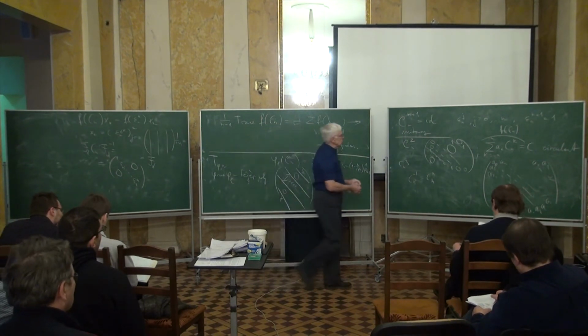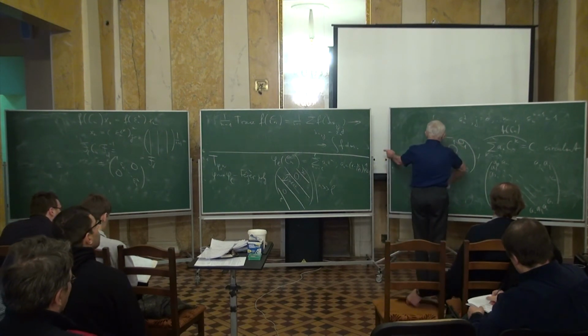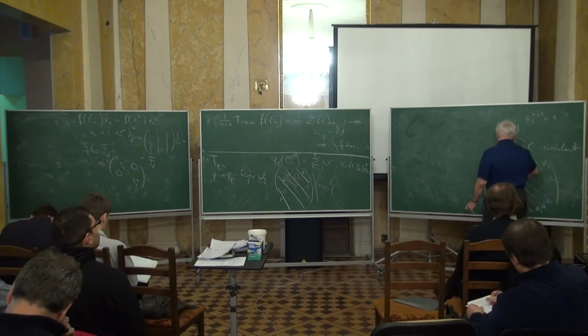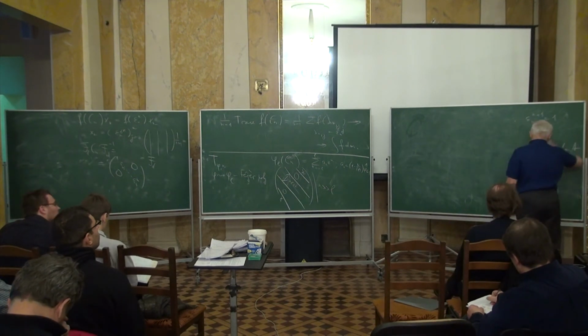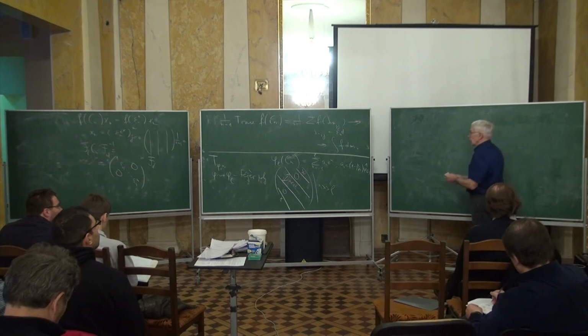I'd like to say that this is a good approximation to the matrix T_φ,n. In which sense?